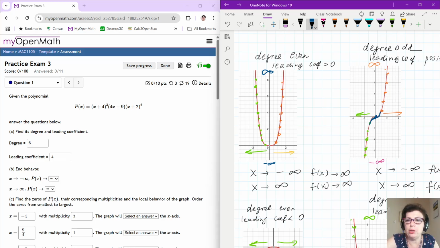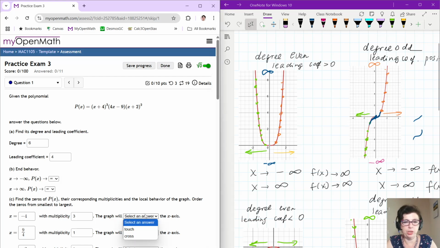Any zero that has an odd multiplicity will cross the x-axis. If it has multiplicity 1, it'll cross it like a line. If it has multiplicity 3 or 5 or 7 and so on, it'll cross it like that, but it'll still cross it. So any odd multiplicity, it'll cross. So this is going to be cross, and 1 is also odd, so that's going to be cross.